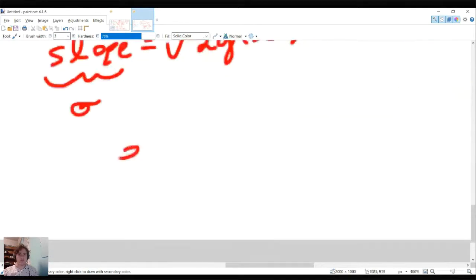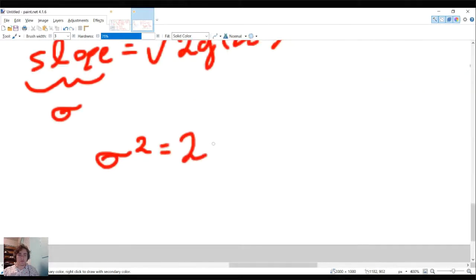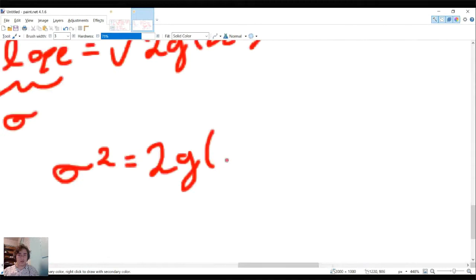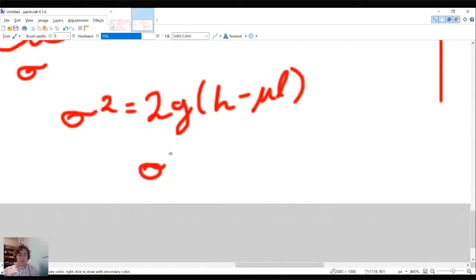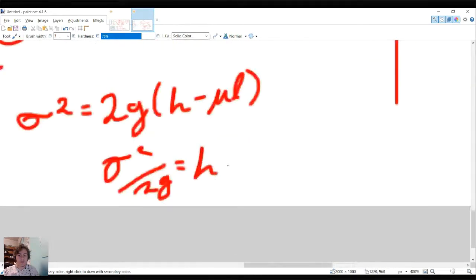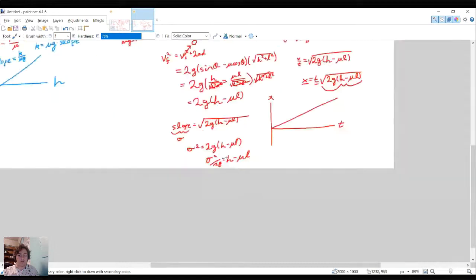So we get sigma squared is equal to 2g times (h minus mu L). Divide everything by 2g. Sigma squared divided by 2g is equal to h minus mu L.